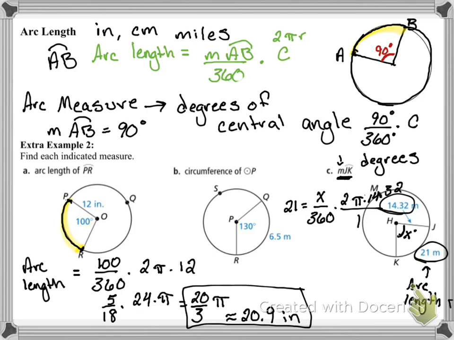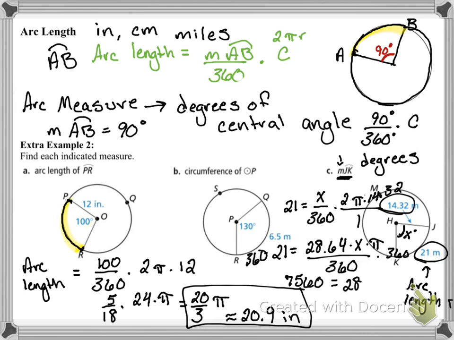Again, this is all over 1, so we can multiply straight across, so 21 is going to equal 28.64 times x times pi divided by 360. I'm going to multiply both sides by the 360, get rid of that guy. So we'll go 21 times 360, that's 7560, equals 28.64 times pi times x.